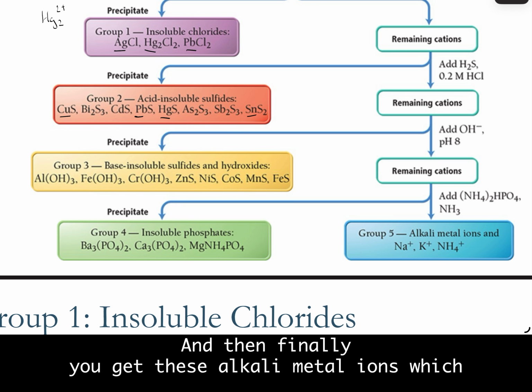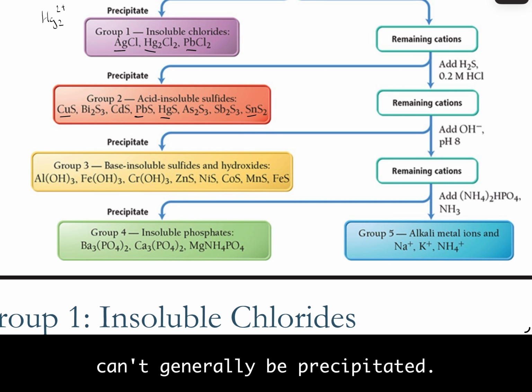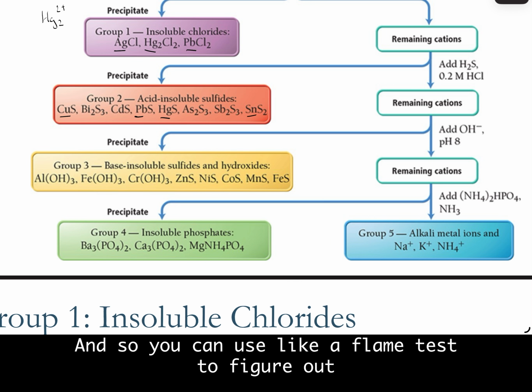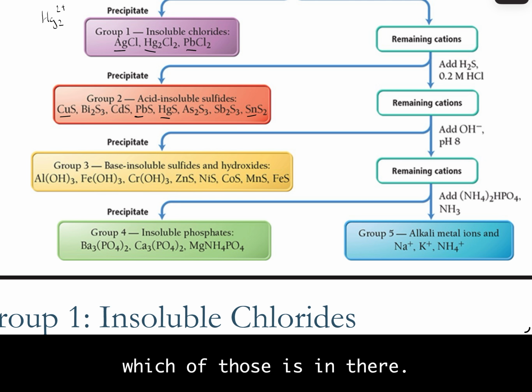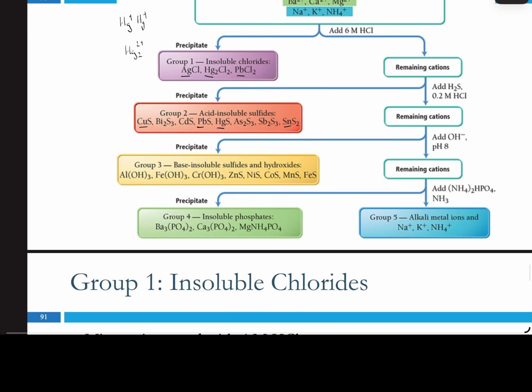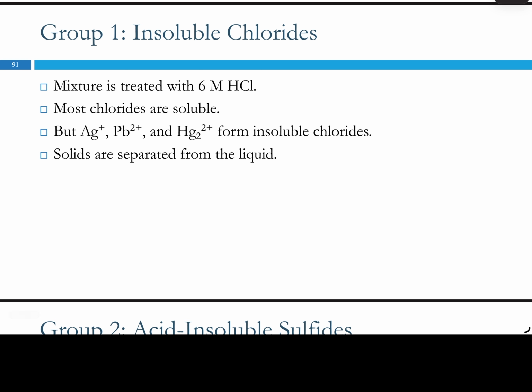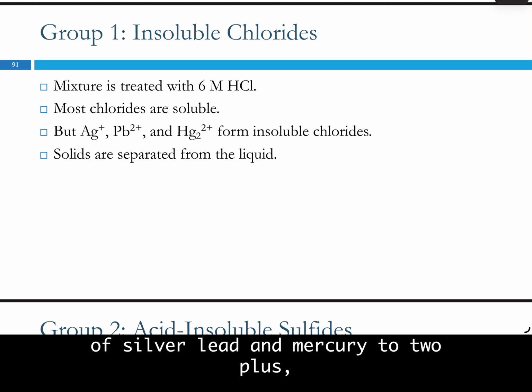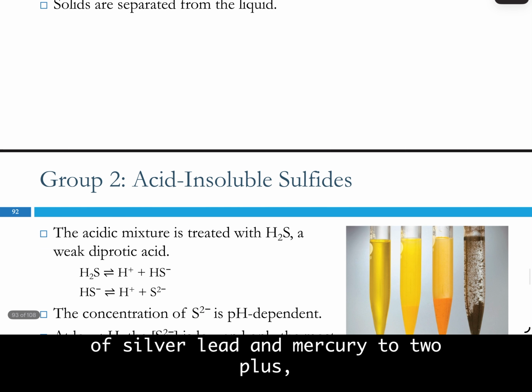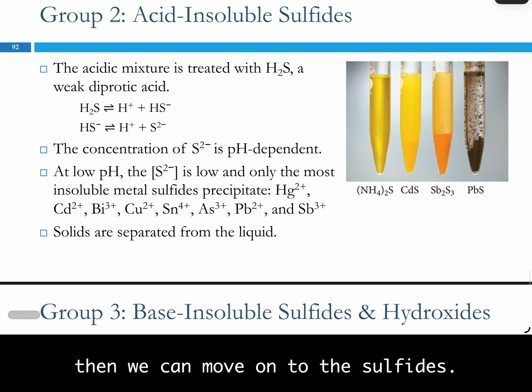And then finally, you get these alkali metal ions, which can't generally be precipitated, so you can use a flame test to figure out which of those is in there. So after we get rid of silver, lead, and mercury 2 plus, then we can move on to the sulfides.